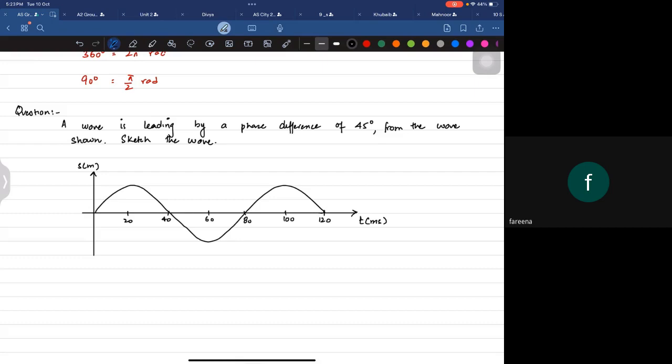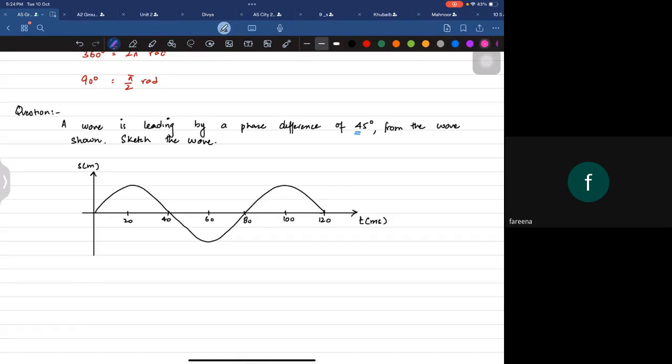Now the issue with this is that they say that you have to show two waves with a phase difference of 45 degrees. But then this wave is shown in time. So what can we do about that?